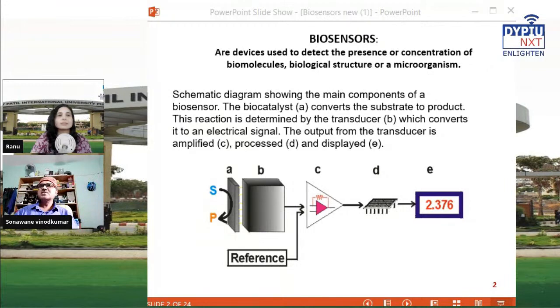If the reaction involves cofactors or coenzymes, these should preferably also be co-immobilized with the enzyme. The response should be accurate, precise, and reproducible, which is a very good feature of any good biosensor. It should be linear over the useful analytical range without dilution or concentration, and also free from electrical noise.